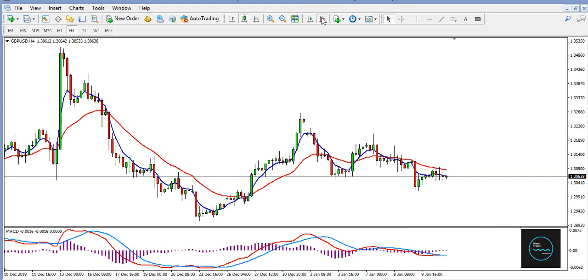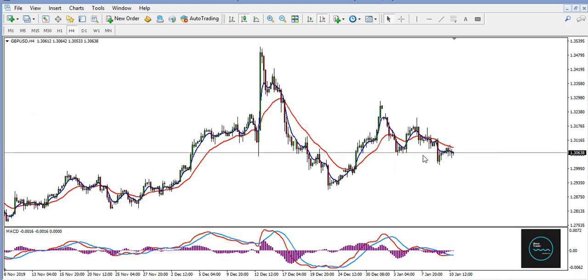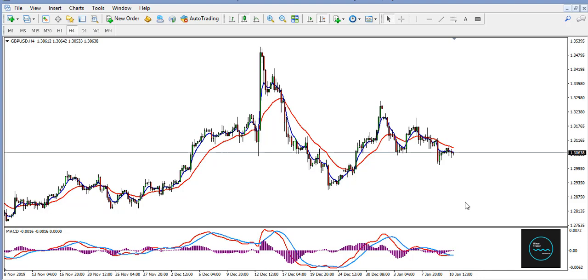Now you can see here that the market is beginning to look like it's flattening out. All right, so what we are going to be looking for is an incidence of a wave bottom somewhere between here and here. All right, it might go slightly lower, but the best way to determine an entry point for the GBP is to draw a trend line here and wait for this trend line to be conclusively broken.